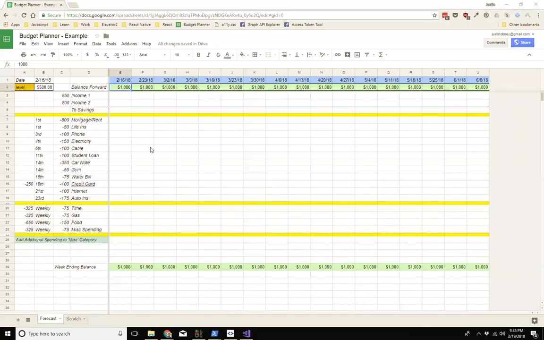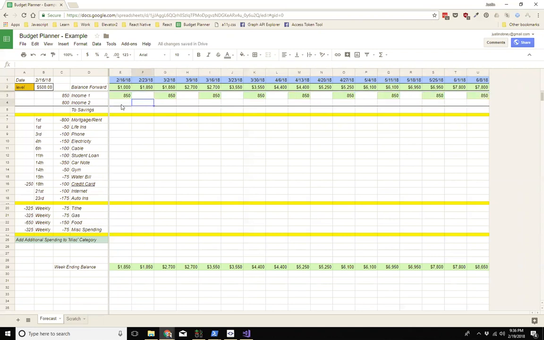So let me scroll back up and let's go ahead and start off simply by putting in our income. We'll assume that person A gets paid $850 on February 16th, which is the day that we're actually recording this. So it makes a little bit more sense for this planner. And because they get paid bi-weekly, they will get this amount every other week.